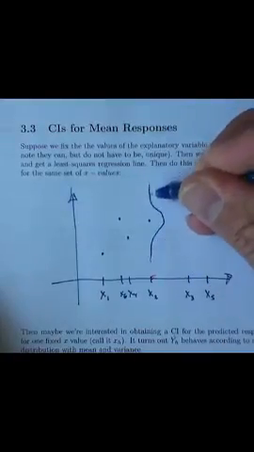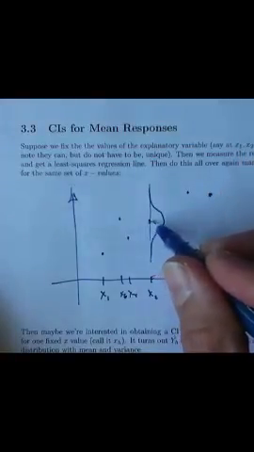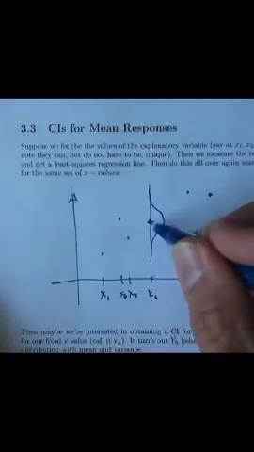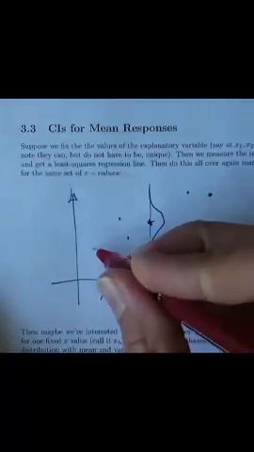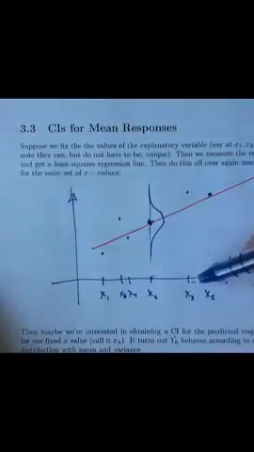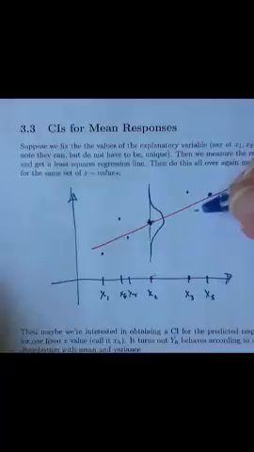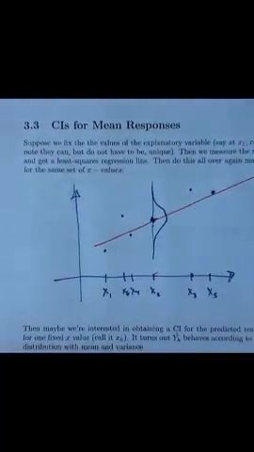Remember, our model says that these responses are conditionally normal given the value of the independent variable, and you want to predict where this mean is. Now this regression line, maybe it's going through that way. You don't know exactly where the true mean is. If I'm here, for instance, where is the true mean of that conditional distribution? I don't know. So we want to make a confidence interval for it.